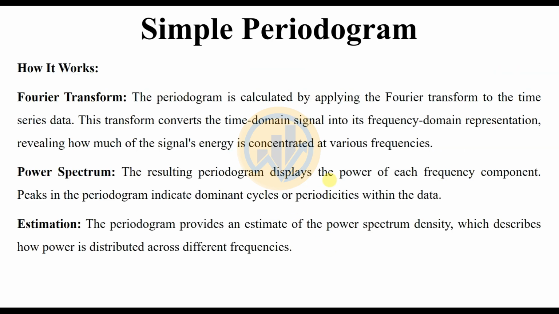So how does the simple periodogram work? The Fourier transform: the periodogram is calculated by applying the Fourier transform to the analyzed time series data. This transform converts the time domain signal into frequency domain representations, revealing how much of the signal's energy is contained at various frequencies.